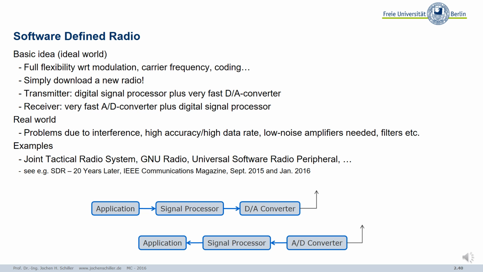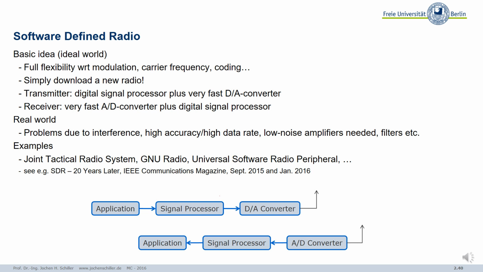If you enter another country, or you want to use another network operator, or a completely different technology, you say, oh, what is this? Oh, this is some wireless LAN according to 802.11bx standard. I don't know what this means. Okay, let's download the code. Oh, suddenly I can do all the modulation and everything.